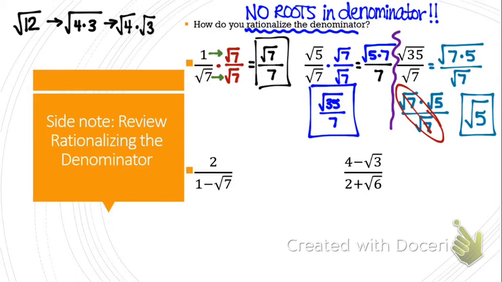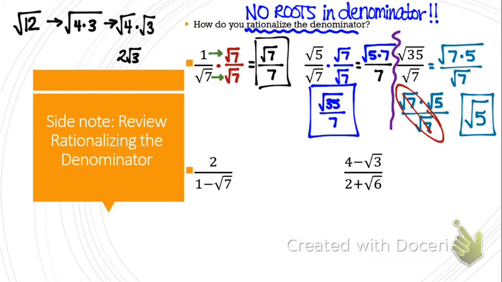Square root of 4 is a perfect square. It simplifies to what? 2. So 2 radical 3. This is the process that you would have had to go through if you had just multiplied top and bottom by radical 7. You would have to simplify the radical in the numerator, and you would see that those 7s would cancel. And it would still leave you with radical 5 as your final answer.